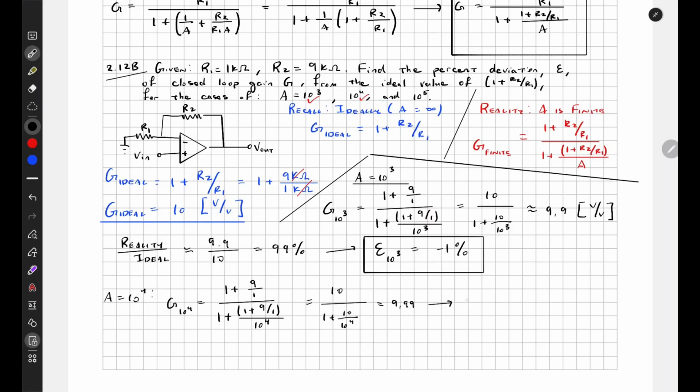Now reality divided by ideal, which is 9.99 divided by 10. So what percent is this?